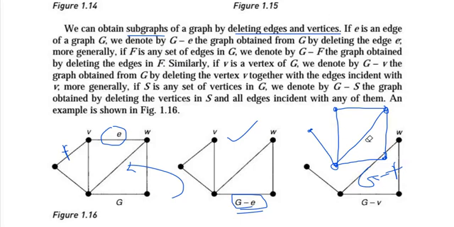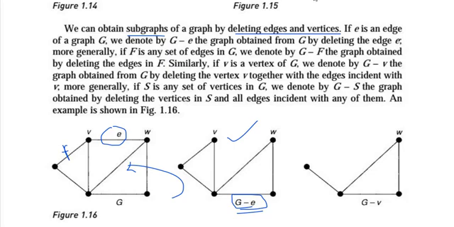Now let's say I delete a vertex. Here in this graph we have deleted an edge. Now let's say we want to delete a vertex. Here they have deleted vertex V, so you have to delete all the edges connected with V. Why? Because edges are not alone; for an edge, 2 vertices are there.